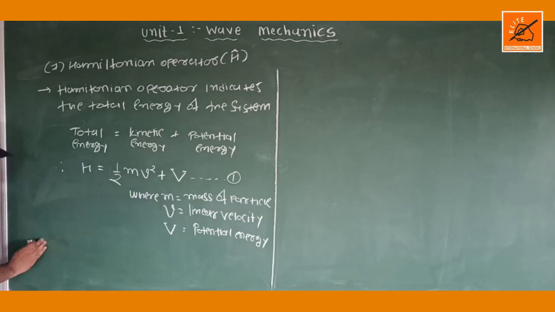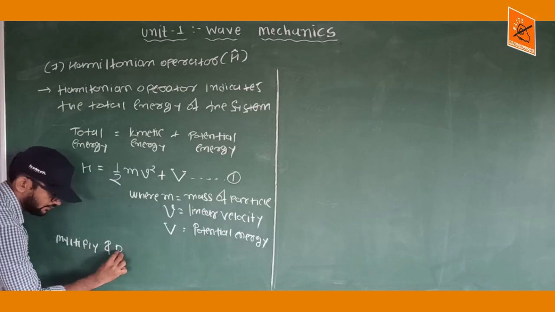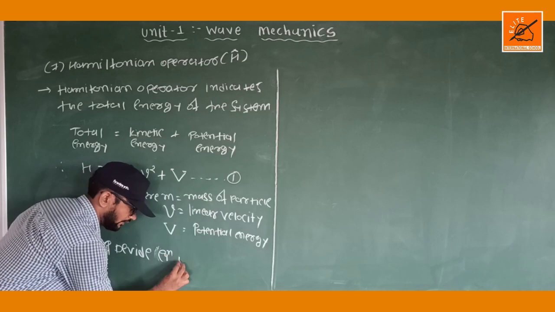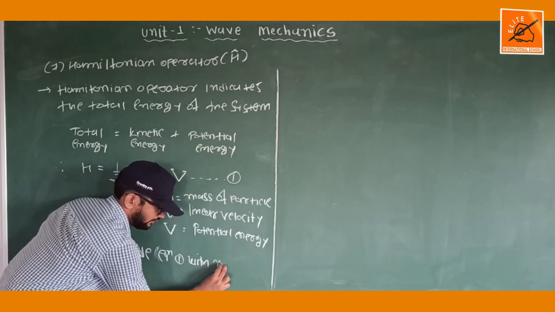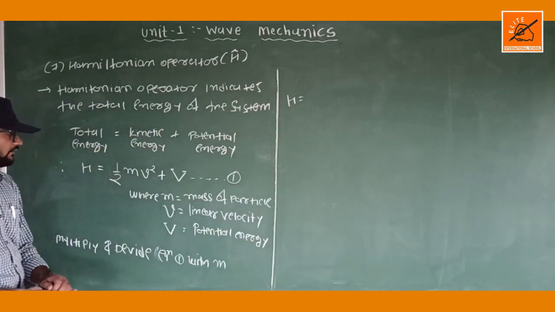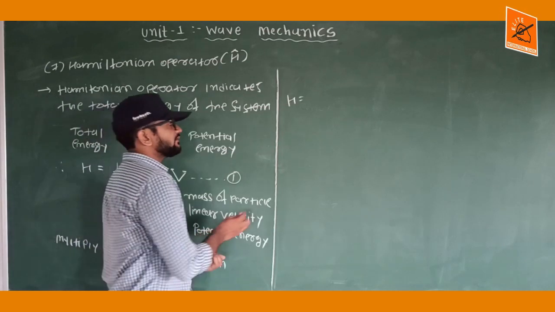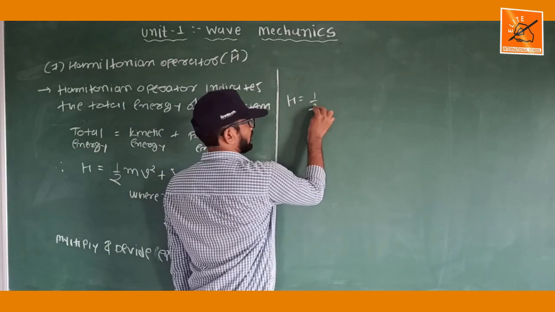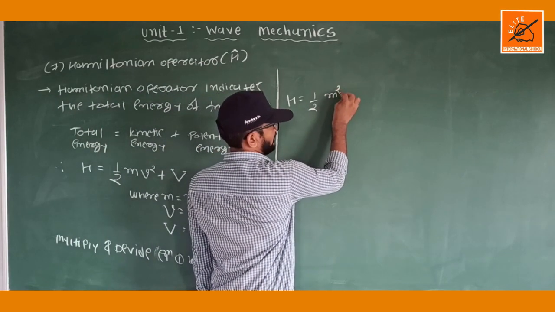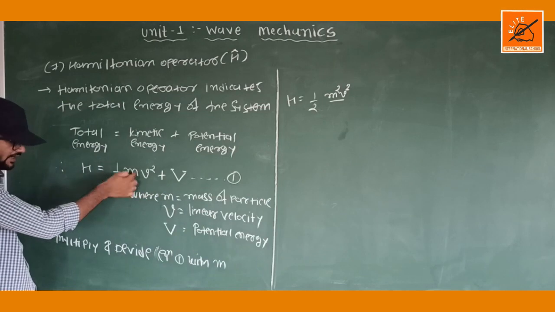So equation 1 becomes H is equal to 1/2, m into m, it means m square, into v square upon m, since we multiplied and divided by small m.